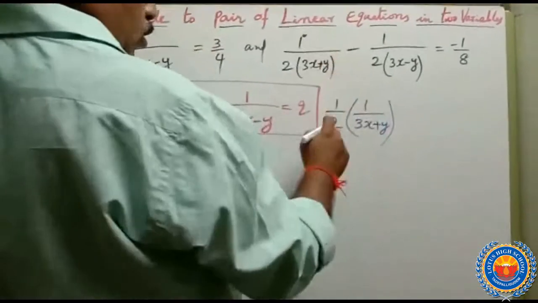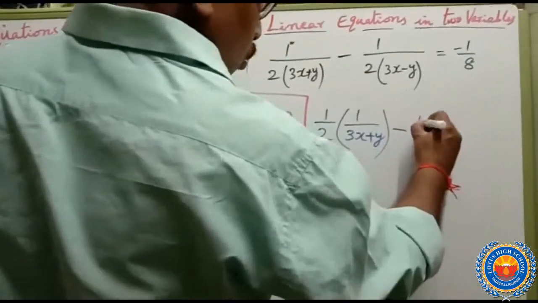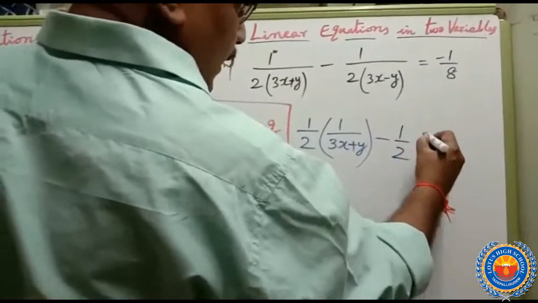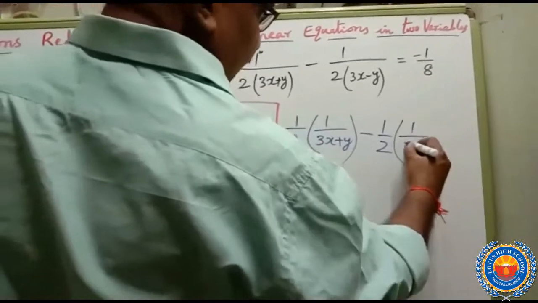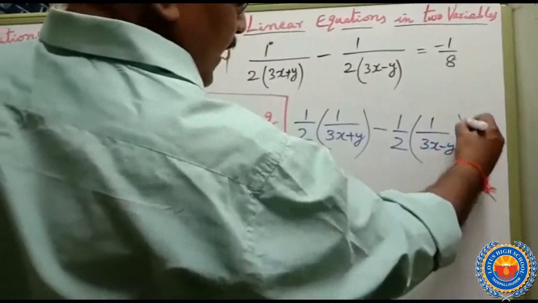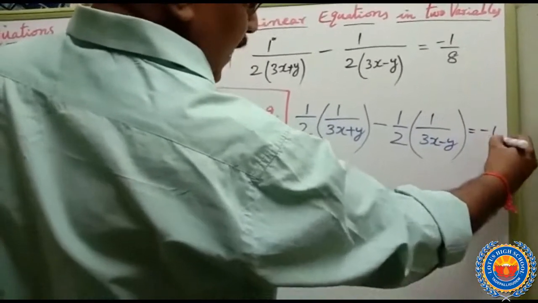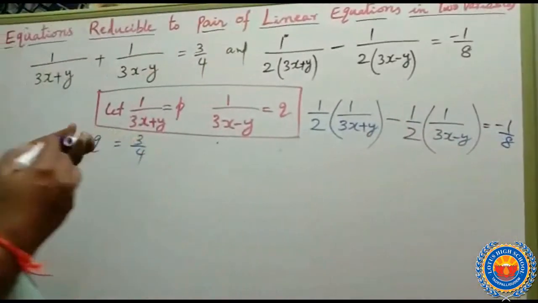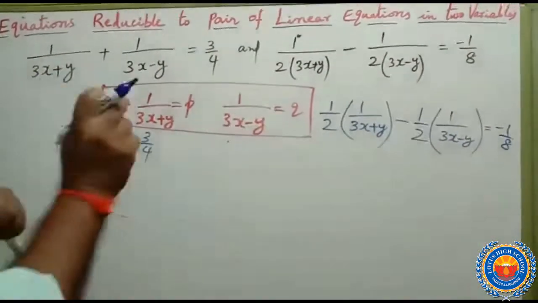1 into 1 is 1, 2 into (3x + y), minus 1 by 2 into 1 by (3x - y) is equal to minus 1 by 8.